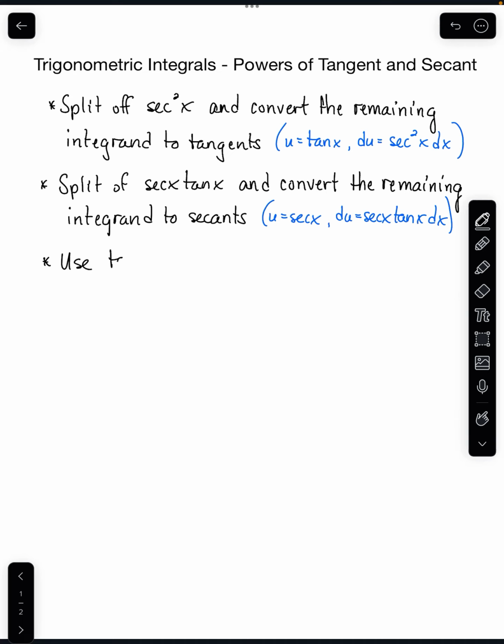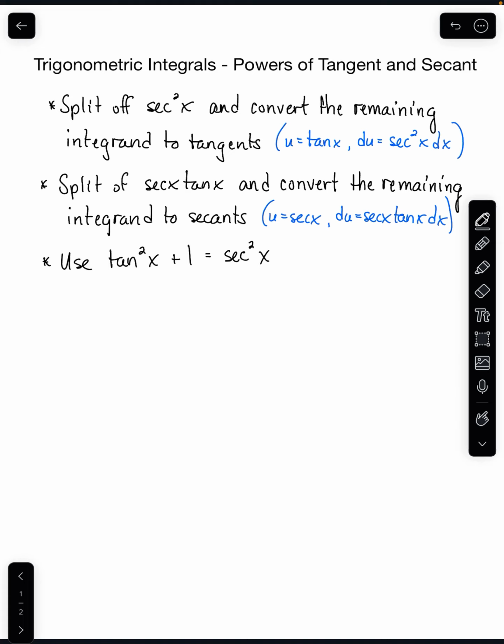We can use the tangent and secant form of the Pythagorean identity, tangent squared x plus 1 equals secant squared x, to help us in converting powers of tangent to powers of secant and vice versa. Now we need to be careful because in order to use this identity, we again need to reduce down to even powers of tangent or even powers of secant, positive even powers, in order to make use of this identity.